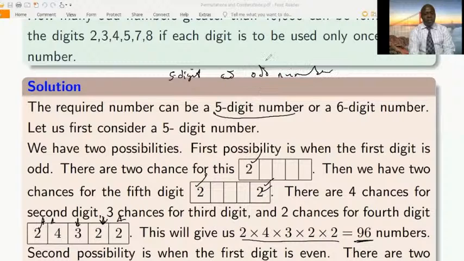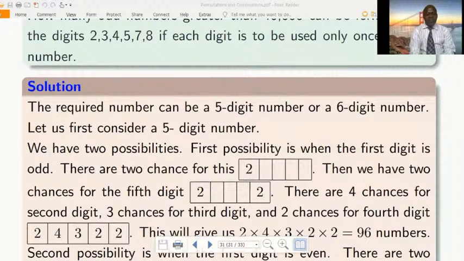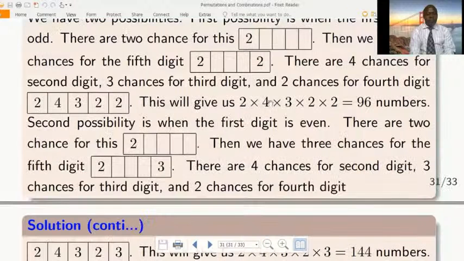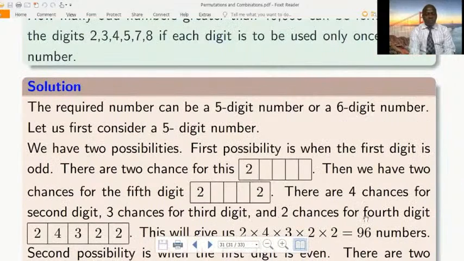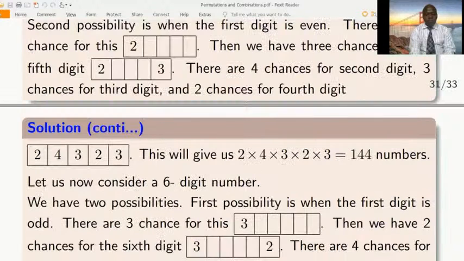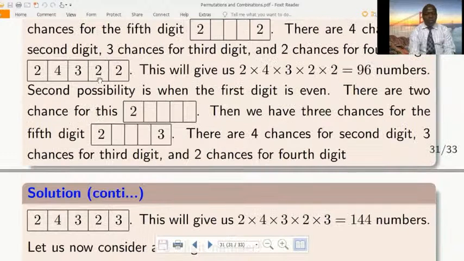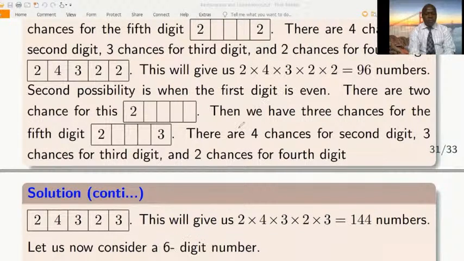Let's now look at the other option, where the even number is first and we are still forming a 5-digit number. So the second possibility is when the first digit is even.